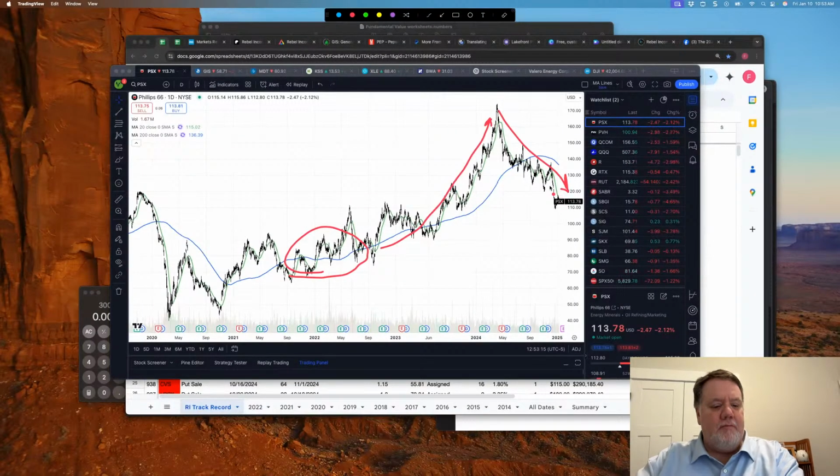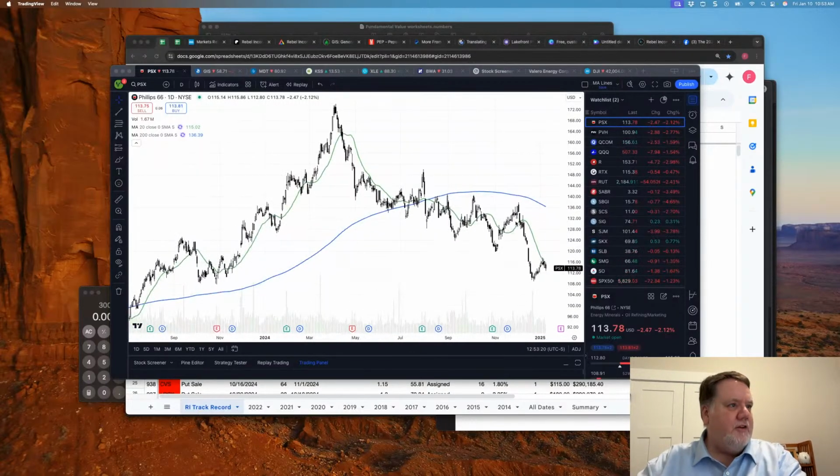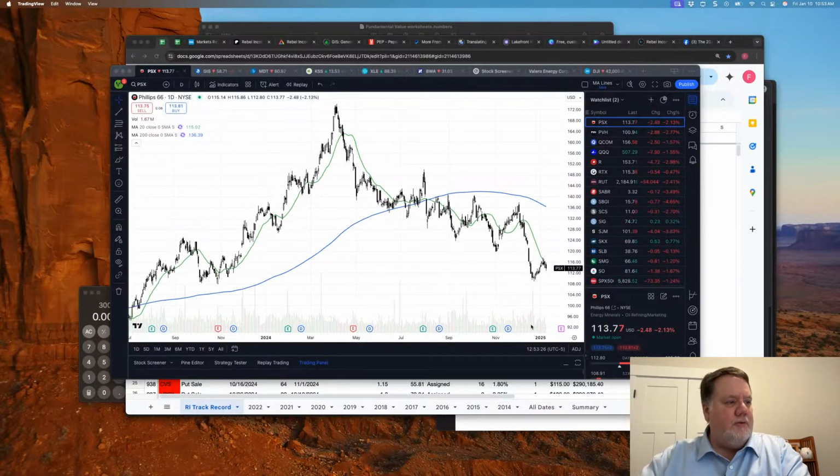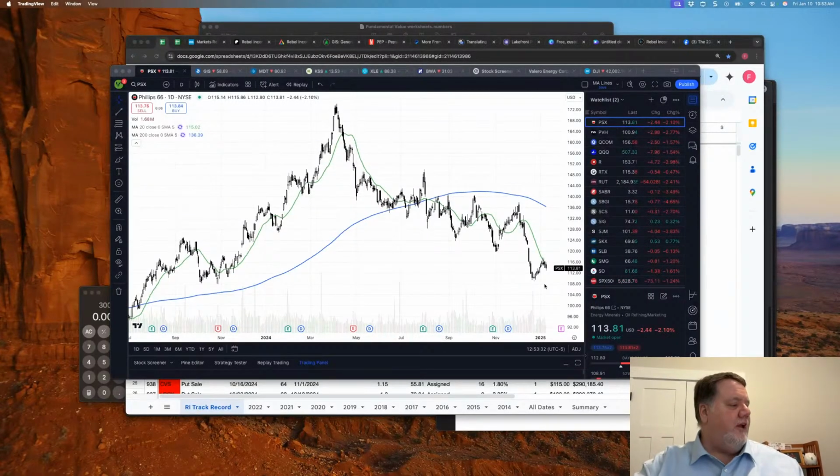I have not gone back to the analysis on this in a little while, but certainly it's far enough off of its high at around 172, now down here around 113, that it's worth going back again and taking another look, seeing what those valuations are like.